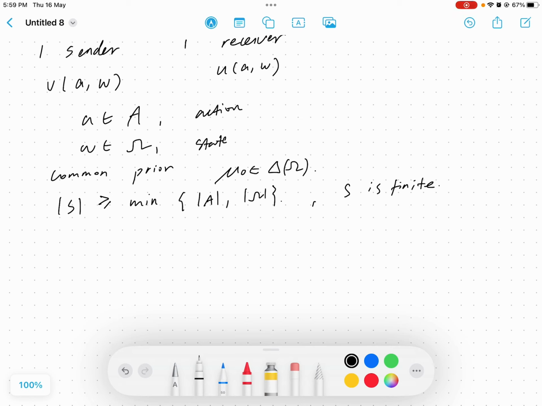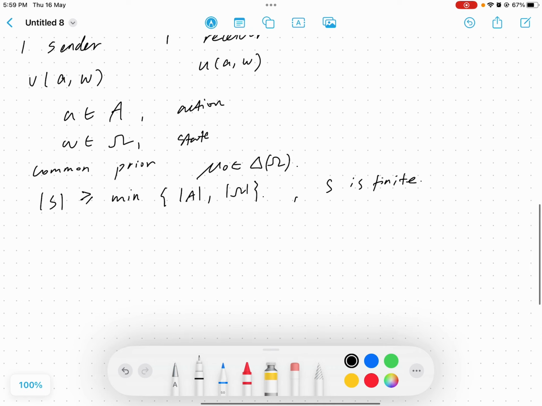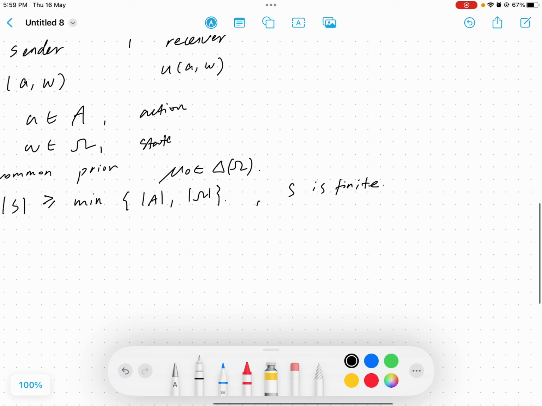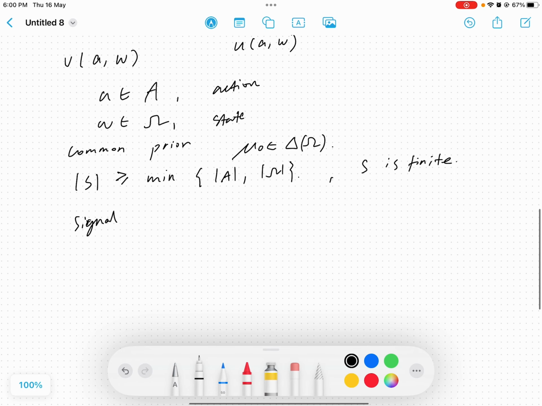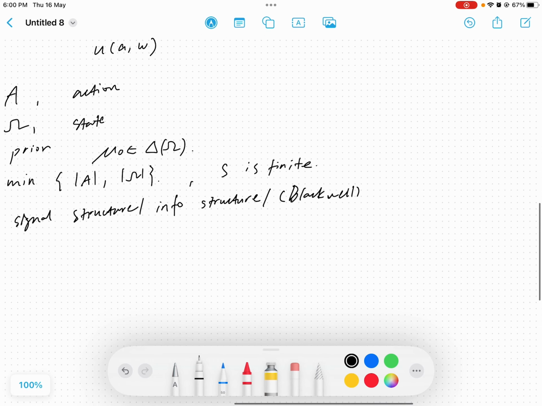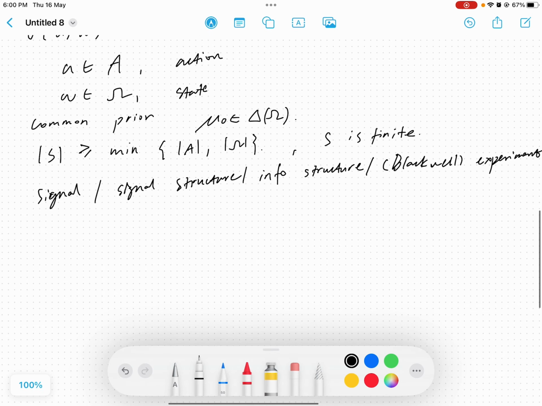The key object in the persuasion game is to find this optimal signal, or we can call it the signal structure, information structure, experiment or Blackwell experiment, or simply the data generating process. Those terms refer to the same thing.